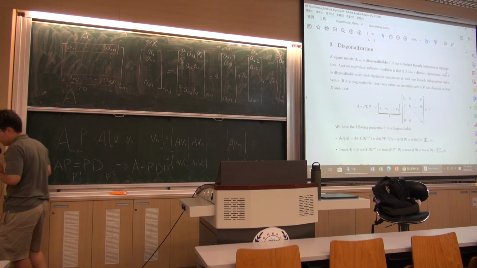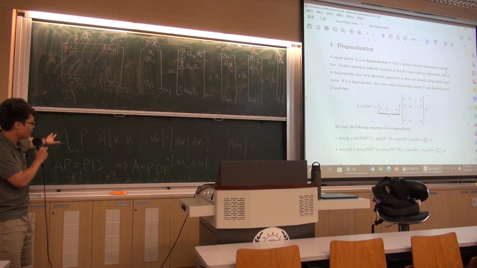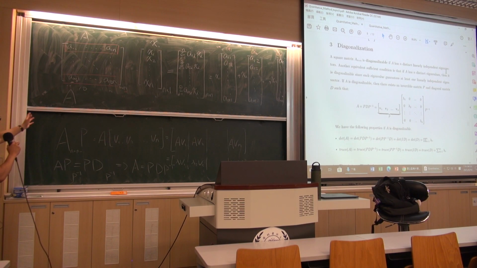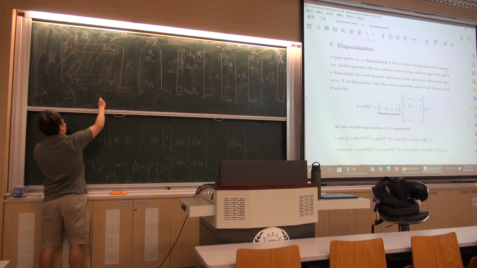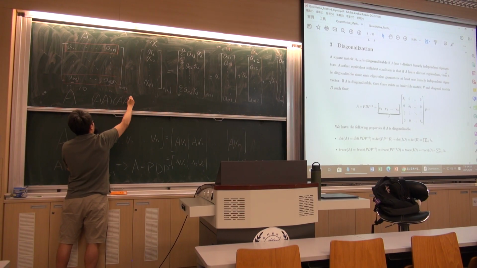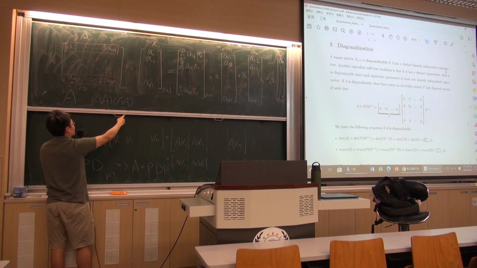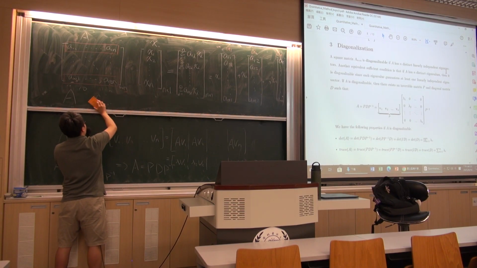If we don't have the diagonalized matrix, the only way is to do it one by one, right? For example, first we calculate this one, and maybe then this one, and that will only be A to the power of 4. You continue to do it, and it is a very tedious process.